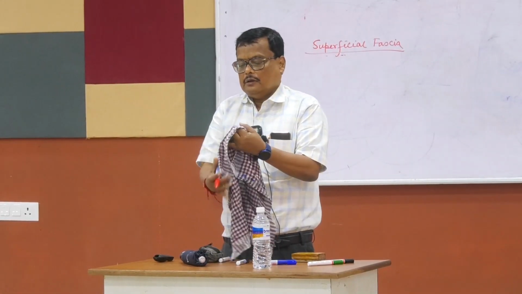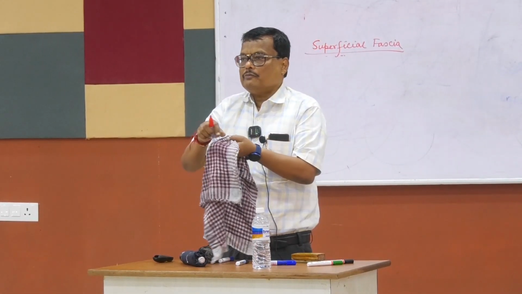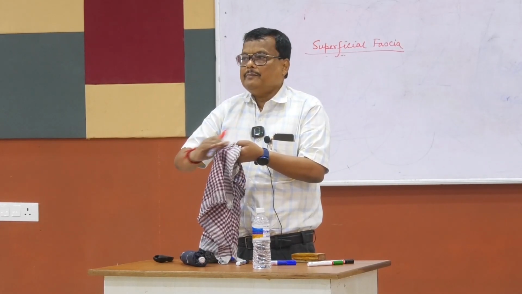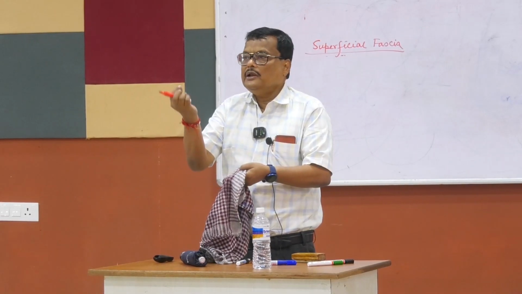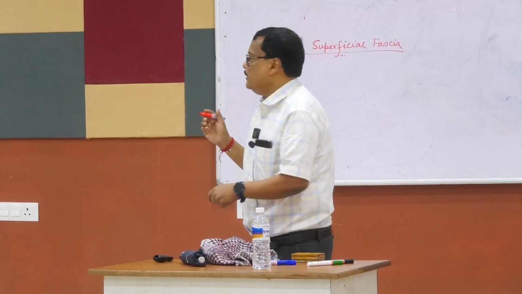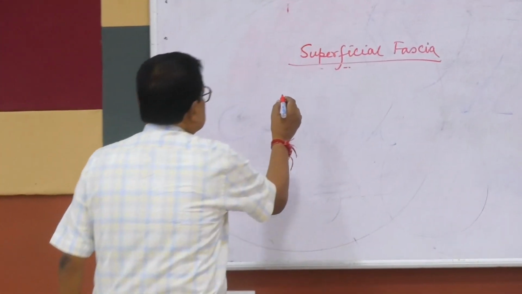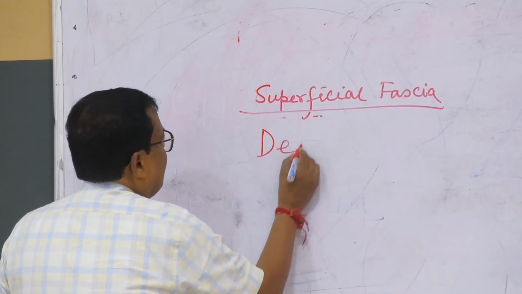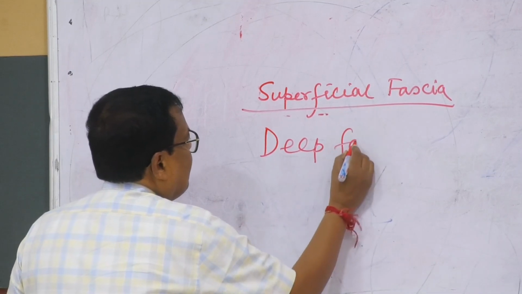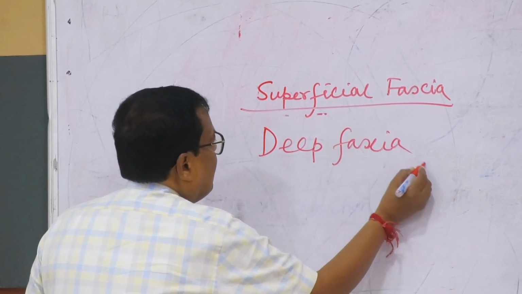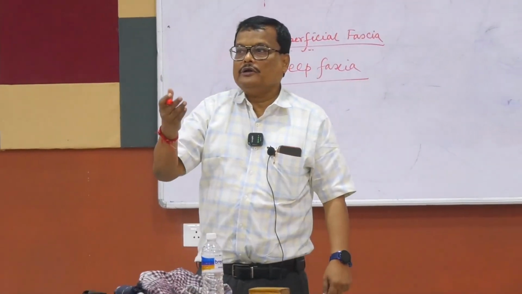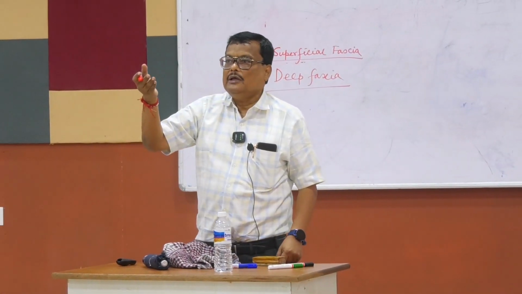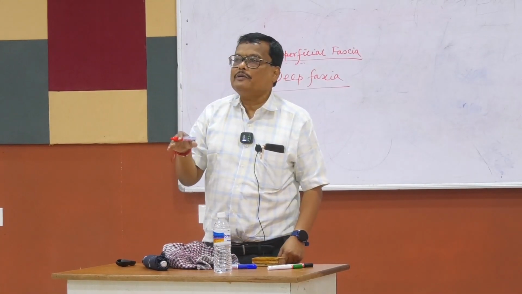Then we find a strong membrane-like fascia, whitish, strong, not woolly like the superficial fascia. We call it deep fascia, according to the definition, since it is present underneath the superficial fascia.